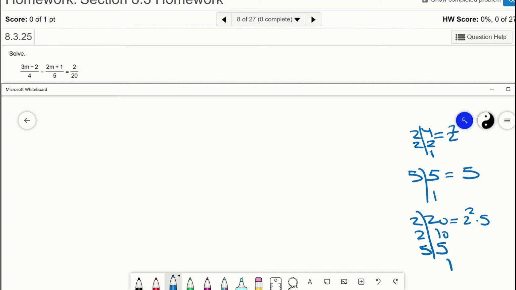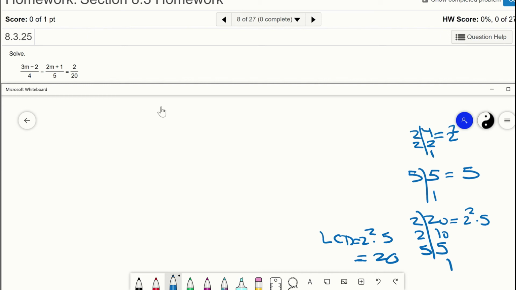So if you take the highest power of 2, which is 2 squared, and multiply it by the highest power of 5 that you see, which is just 5, you end up with what? 20. You may have known that, and that's fine, except this works even when the numbers down here are really large. So it's always good to know the procedure.